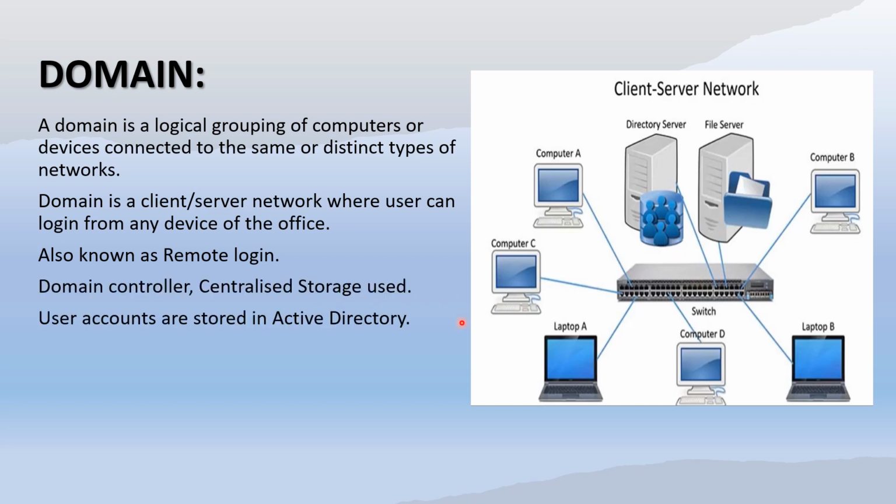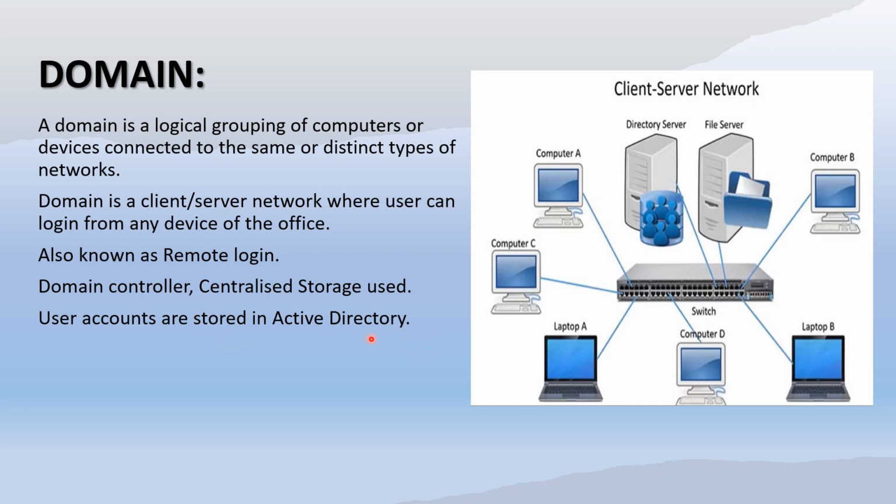So a domain controller is used, a directory server is used, and centralized storage, where you can access files, folders, applications, and any software that you want to install. Whatever you are doing on your computers will be saved on centralized storage.